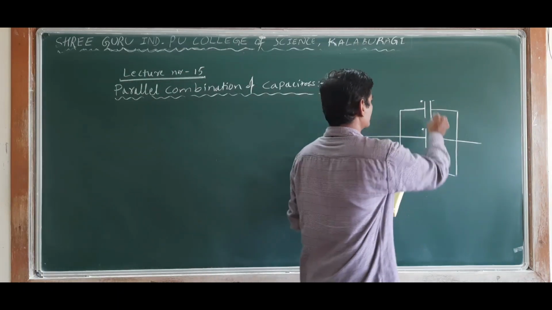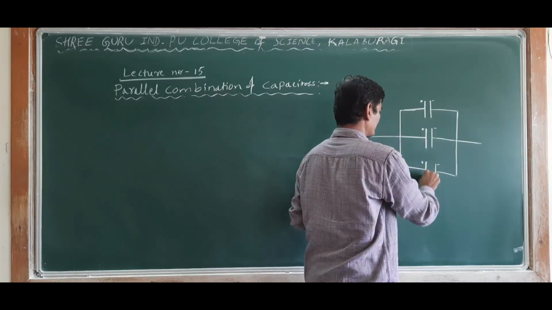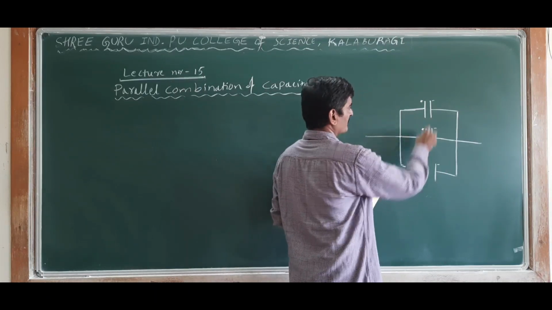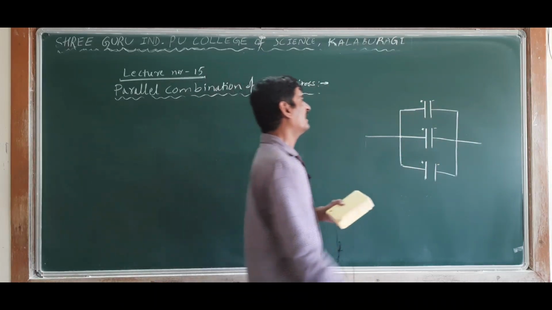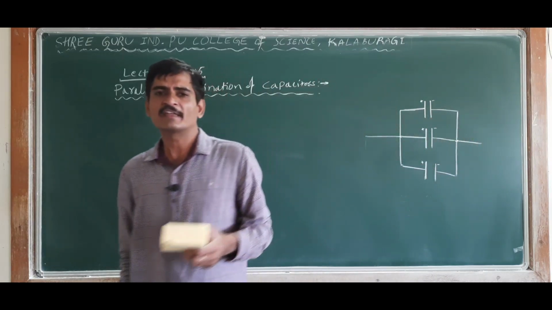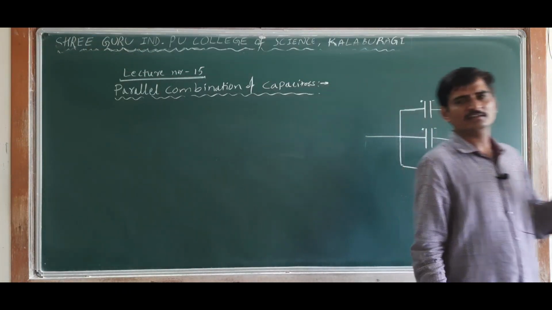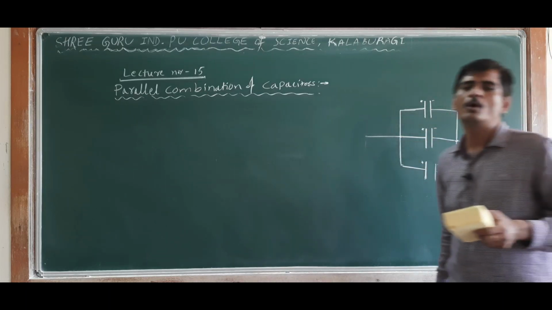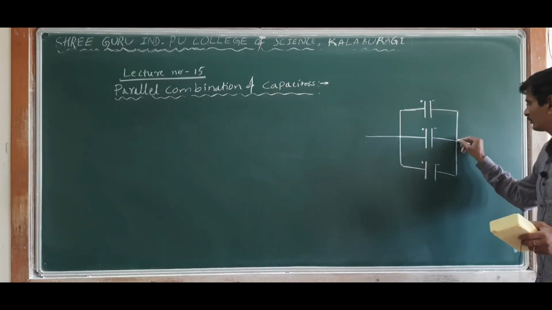What is parallel combination? If positive plate of all the capacitors are connected to one common point, and negative plate of all the capacitors are connected to another common point, then it is called parallel combination.